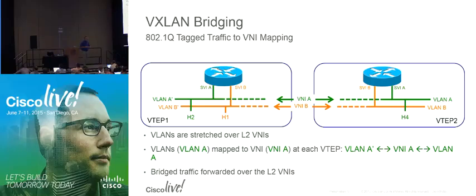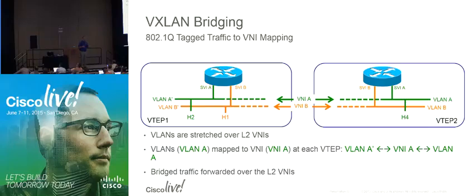So I could theoretically have VLAN A mapped into VNI A, mapped into VLAN A prime, or in numbers, VLAN 10 to VNI 30,000 to VLAN 50. Because the VLAN is only local on the switch or on a pair of switches when we're working with vPC. Don't have to, but you could.